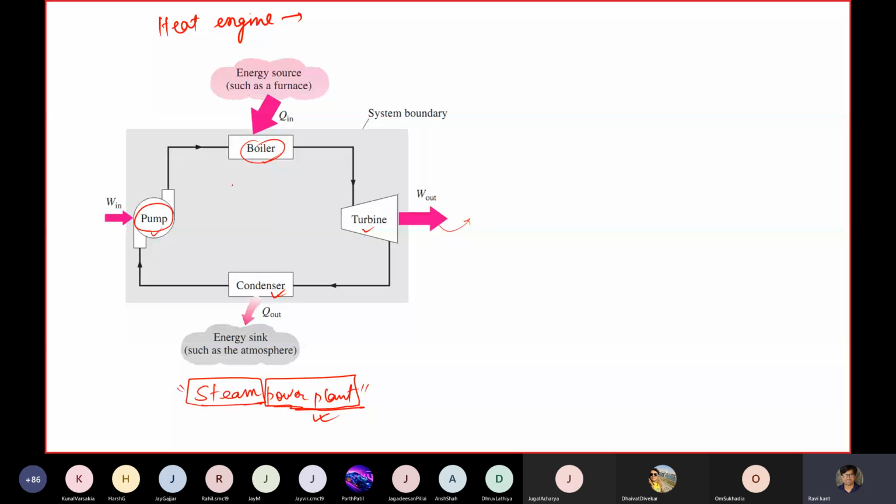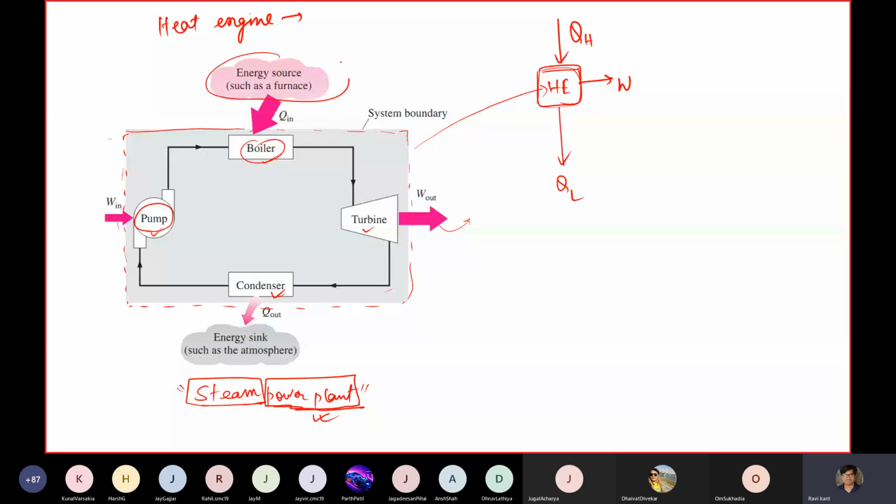So you have a system boundary. Let's suppose this is your system boundary. This heat engine generally takes some heat from the furnace or source, and during that it takes out some work. This is the heat Q in or QH taken by the heat engine through the boiler.